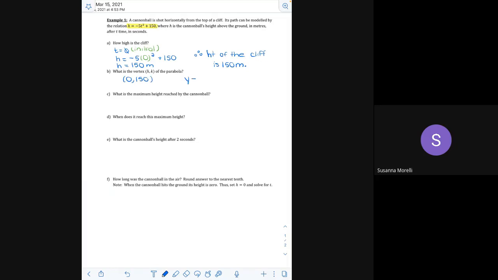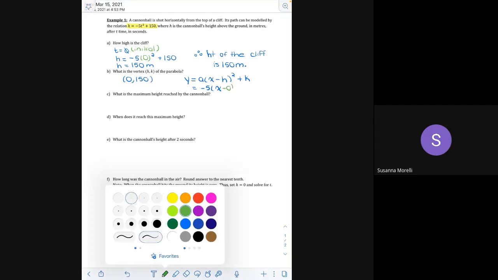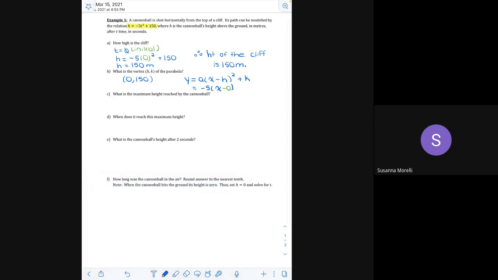So normally, you're used to seeing the equation like this, right? So in this case, this is -5 and x, and the h is 0. I'm just showing you.